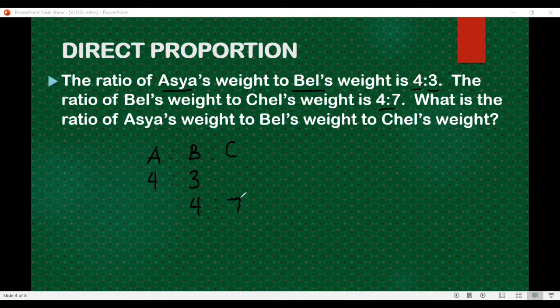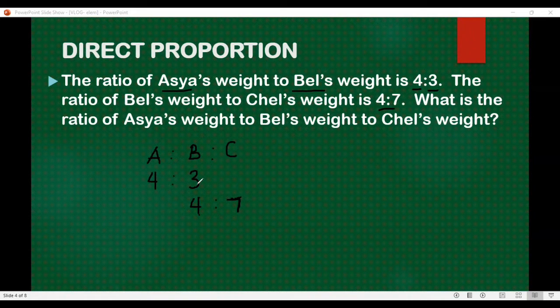So this problem would mean that there is this factor B. It's actually now Belle's weight that has to be manipulated. In what sense? We need to make this equal, so that we can simply compare the ratio of Asha to Belle's and of course to Shell's.